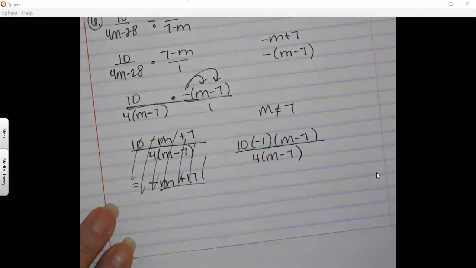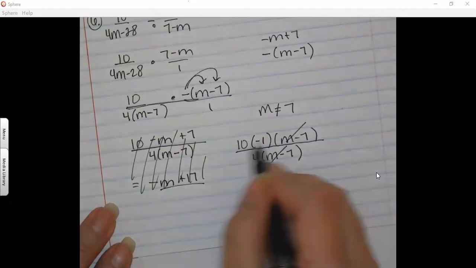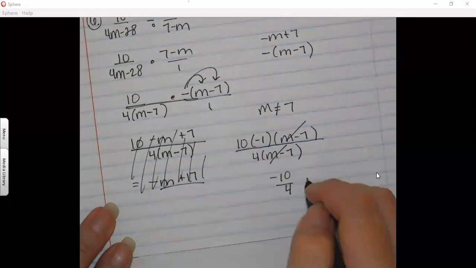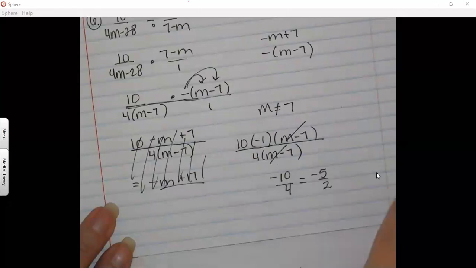But because 10's a factor, negative 1's a factor, m minus 7's a factor, yeah, I could cancel those m minus 7's out. Right, so 10 times negative 1 is negative 10 divided by 4, and that reduces to negative 5 halves. M cannot equal 7. Anything else? So we're good.